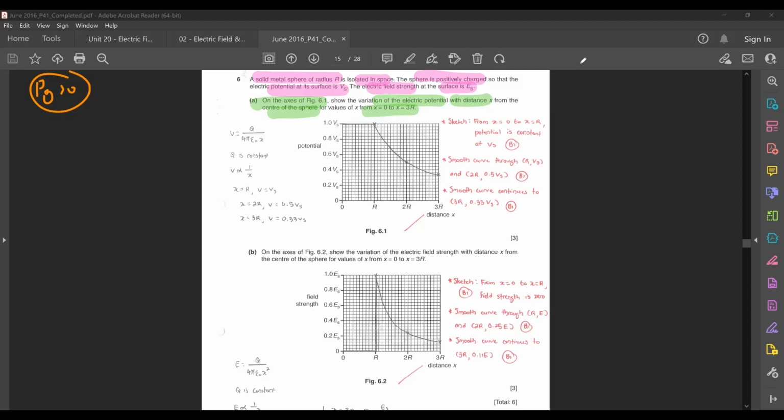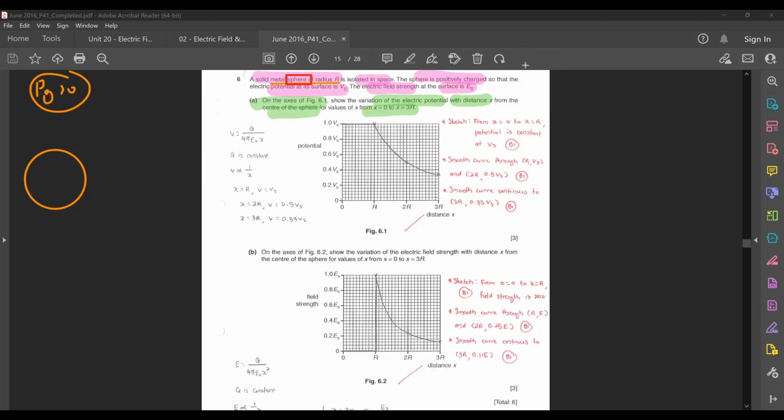Okay, so for your case here, they say that you have a solid metal sphere of radius R. The most important thing to note is that this one is actually a sphere.